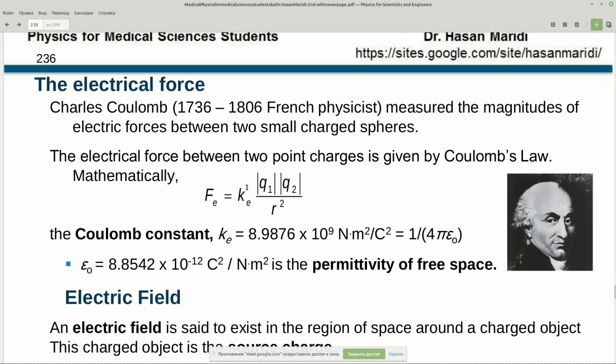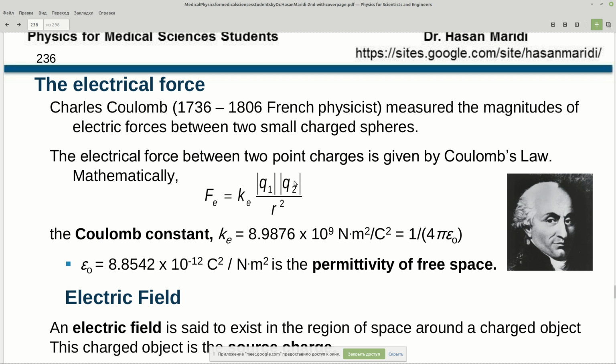This is a very noticeable law of dependence between the force and distance.